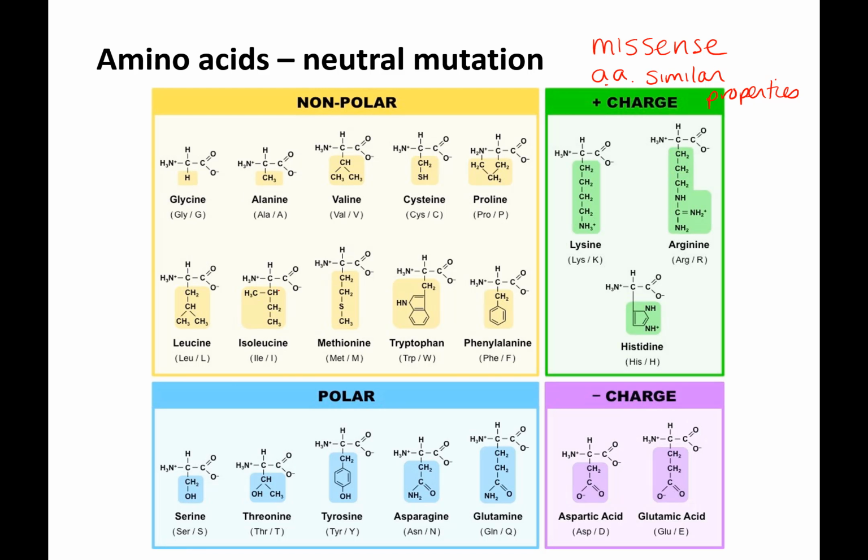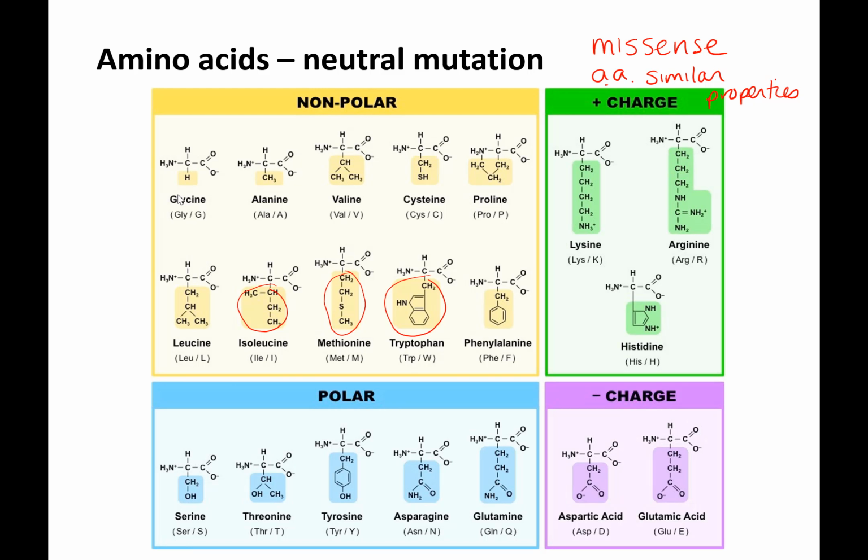Remember, an amino acid, it's the R group. It gives the amino acid its property. The rest that's not highlighted is the N-terminal, C-terminal, or amino, carboxyl, ends, and hydrogen. So this backbone is the same in all amino acids. And so substituting an alanine for a glycine may not change the protein structure.